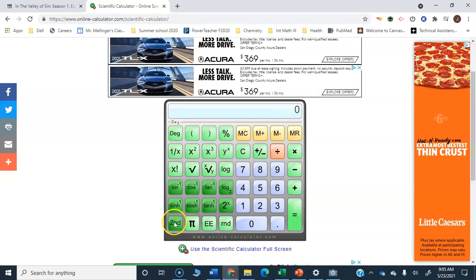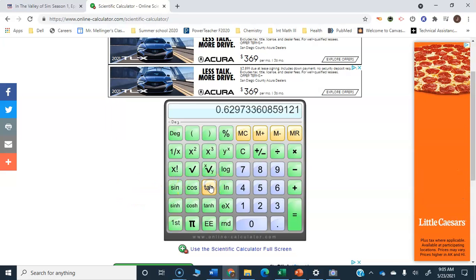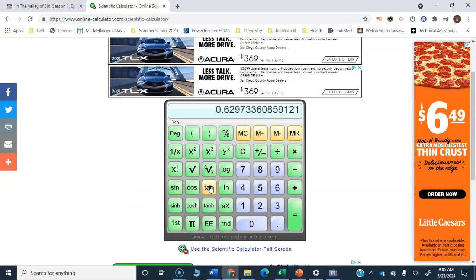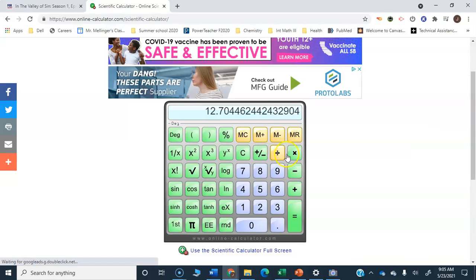First of all, we have to get out of the second functions here. I'm going to put 32.2, and then I'm hitting tangent. And I've got 0.6297. That's 4 digits after the decimal, so that's good enough. So 6297, write that down. And I have 8 divided by 0.6297, and that gives us 12.7.